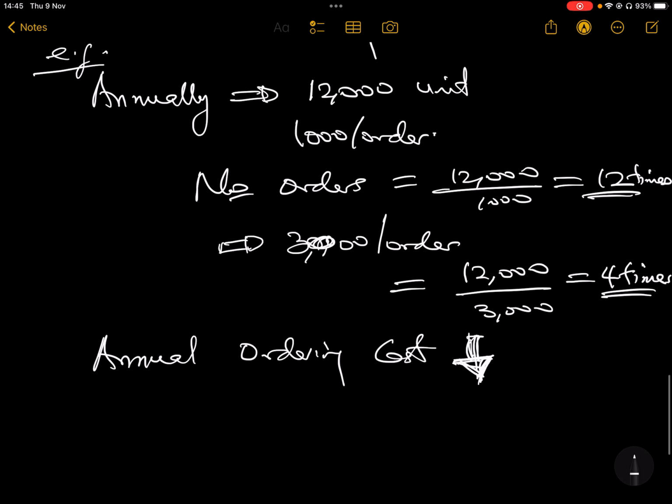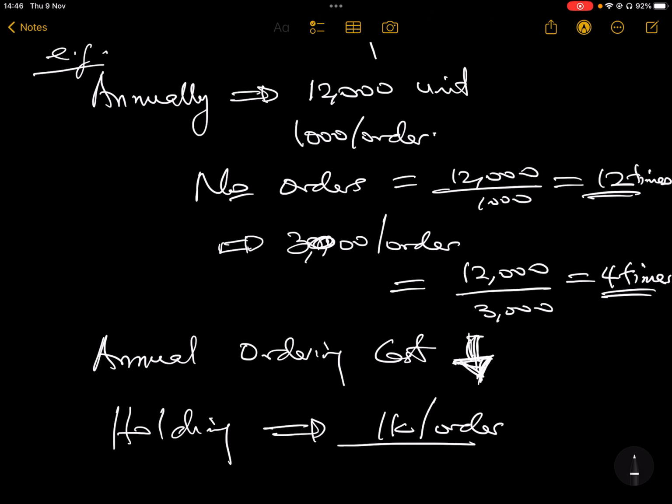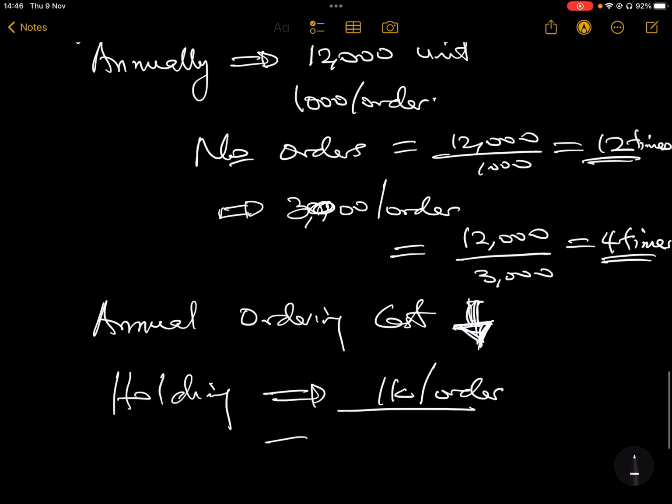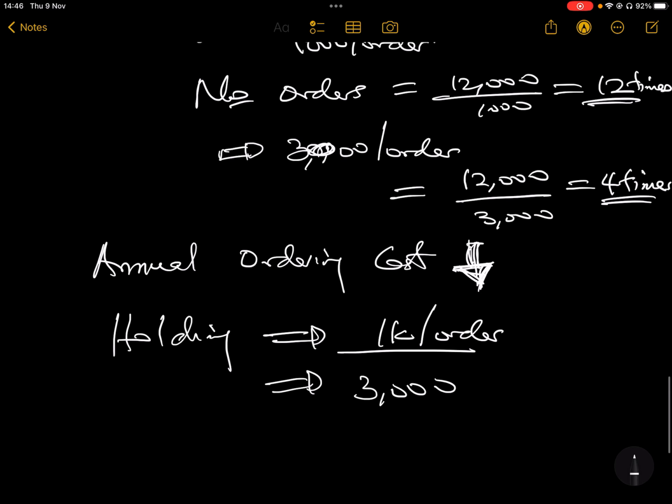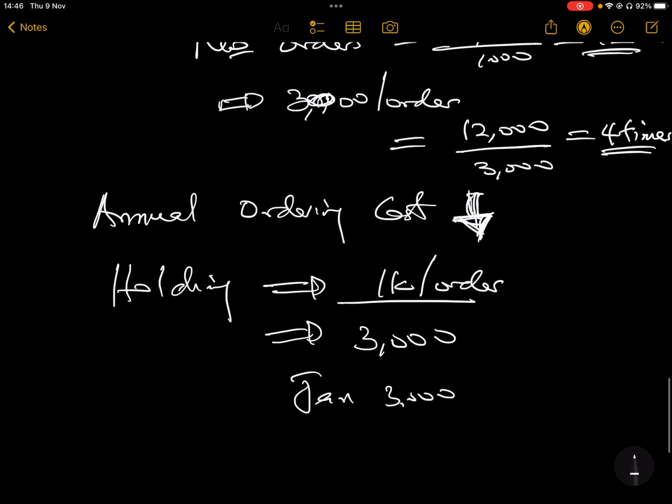But what happens to holding? Before, you used to order 1,000 per order. You sell that before you order another one. But now you are going to be ordering 3,000. So if you order 3,000 in January, you don't place an order until say April, because you sell say 1,000 per month.